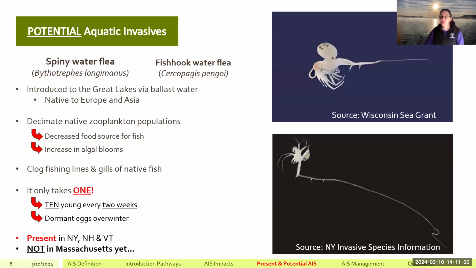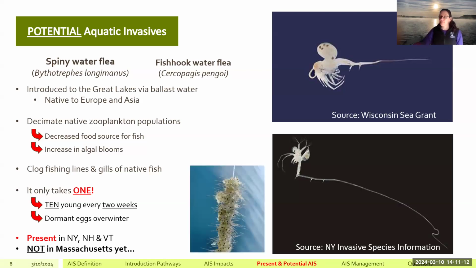So because of this, they decrease food source for fish, and as they decrease zooplankton populations, that also leads to an increase in algal blooms. They can also be a nuisance by clogging fishing lines and other equipment while fishing or recreating. And they can also clog gills of native fish.